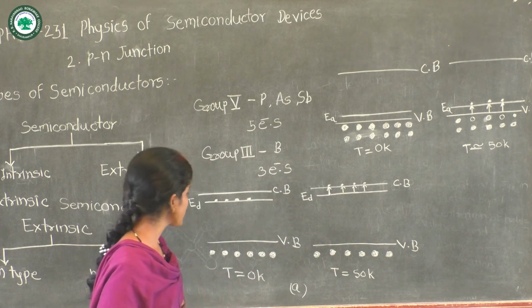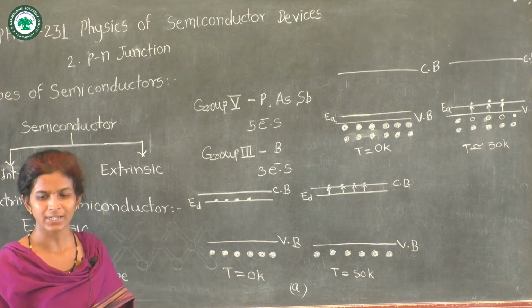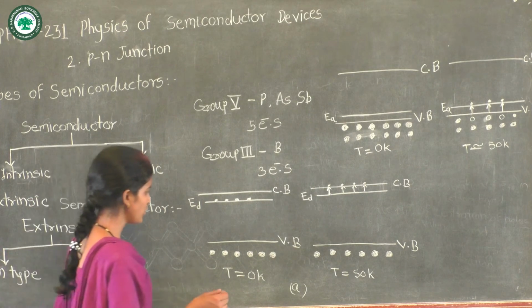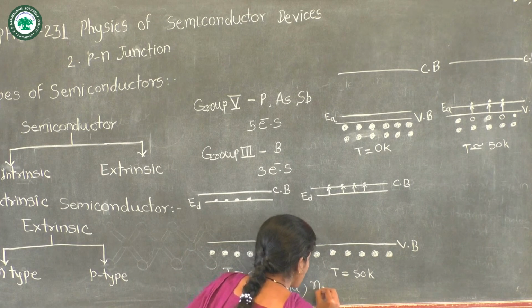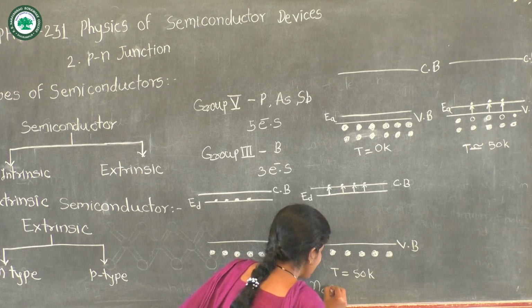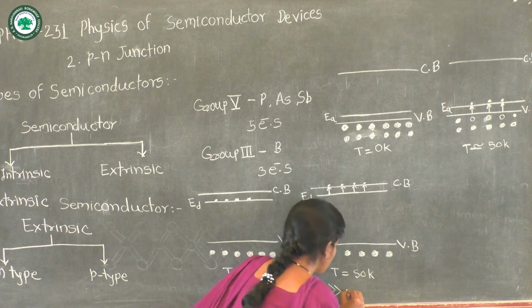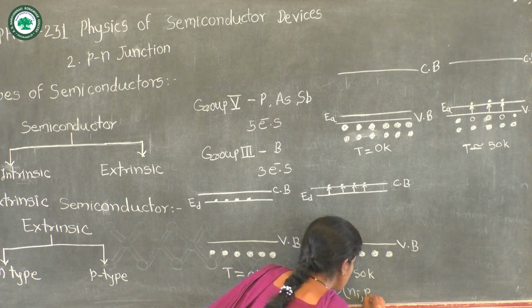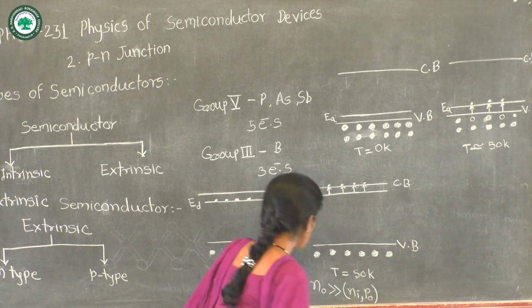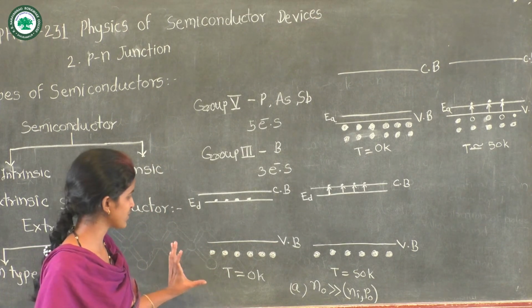So in case of n-type semiconductor, n0, that is the electron concentration at thermal equilibrium, will be greater than ni as well as p0, because group 5 impurity is added to the semiconductor.